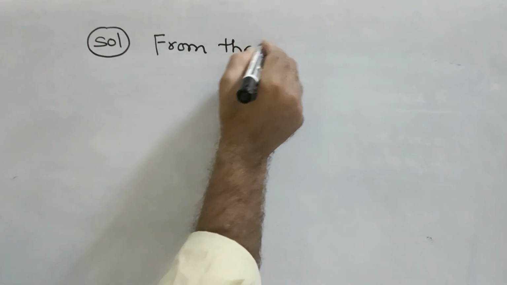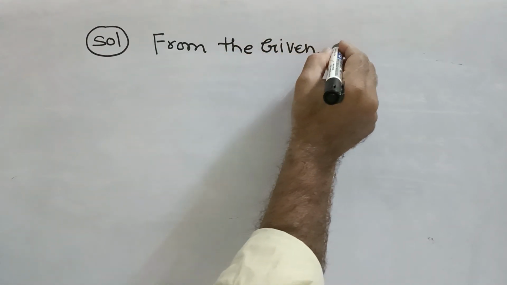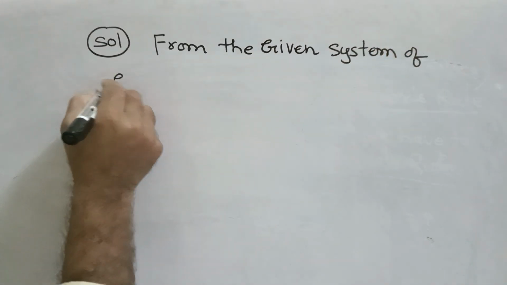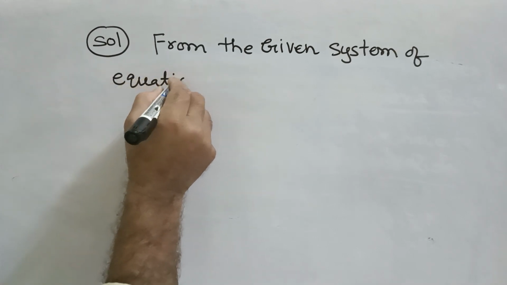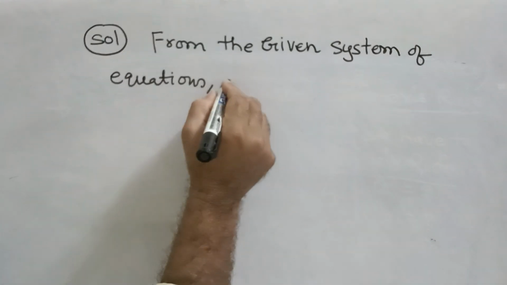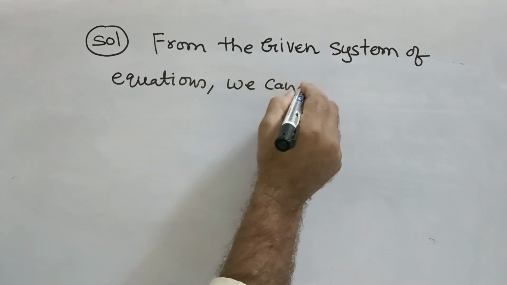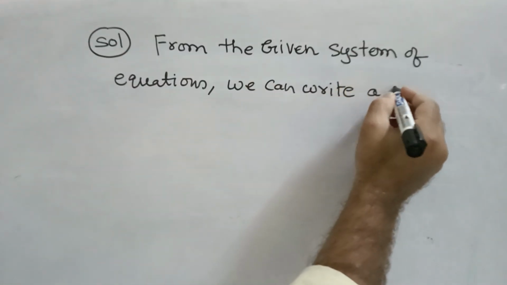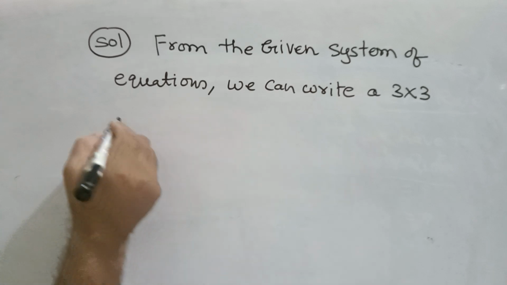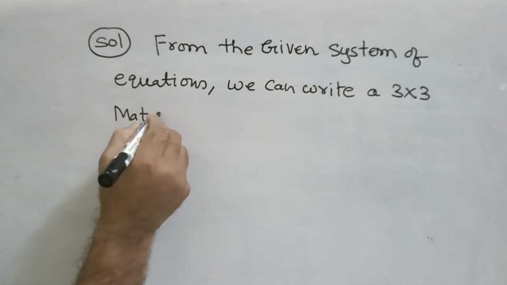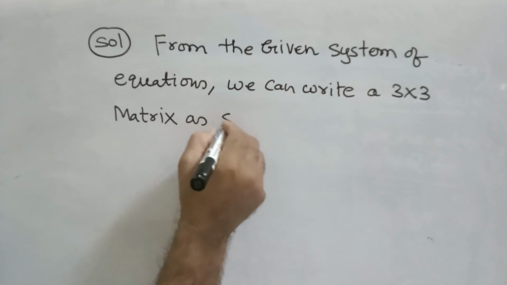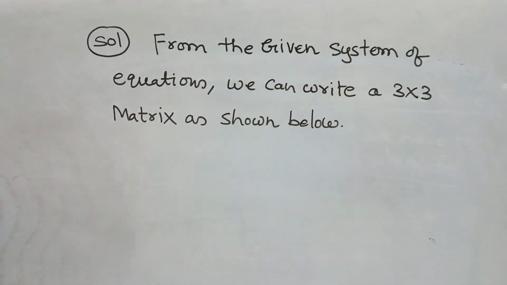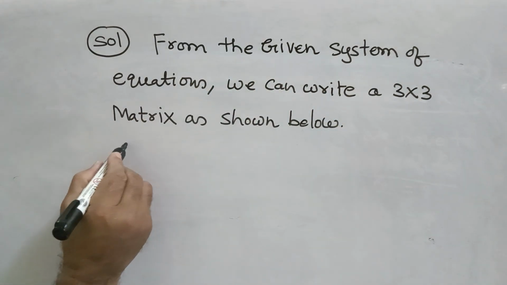From the given system of equations, we can write a 3 by 3 matrix as shown below. How? It will be like this.